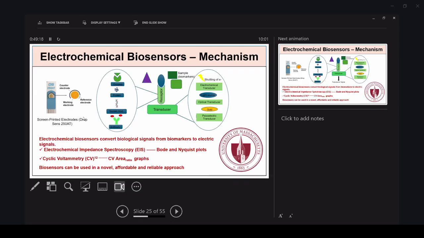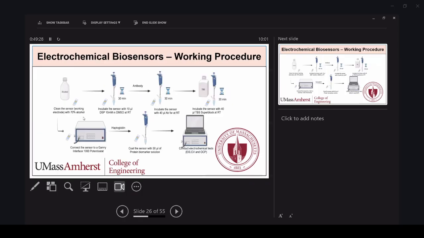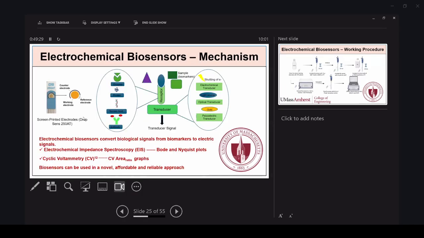That is an optical biosensor, not electrochemical. And then there is the gold piezoelectric transducer. Using all these different types, it produces the signal. The output parameter, since we are focused on the electrochemical, is EIS, electrochemical impedance spectroscopy, which is nothing but the charge transfer resistance between the electrode and the analyte.